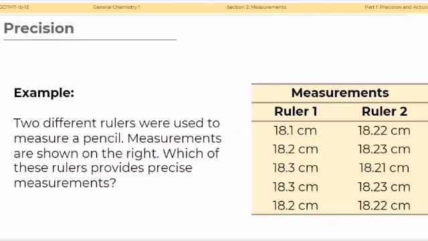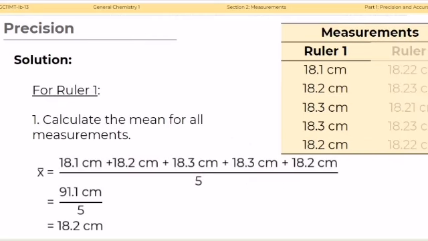In ruler number 1, you have 18.1 centimeters, 18.2 centimeters, 18.3 centimeters, 18.3 centimeters, and 18.2 centimeters. On the other hand, for ruler number 2, you have 18.22, 18.23, 18.21, 18.23, and 18.22 centimeters.